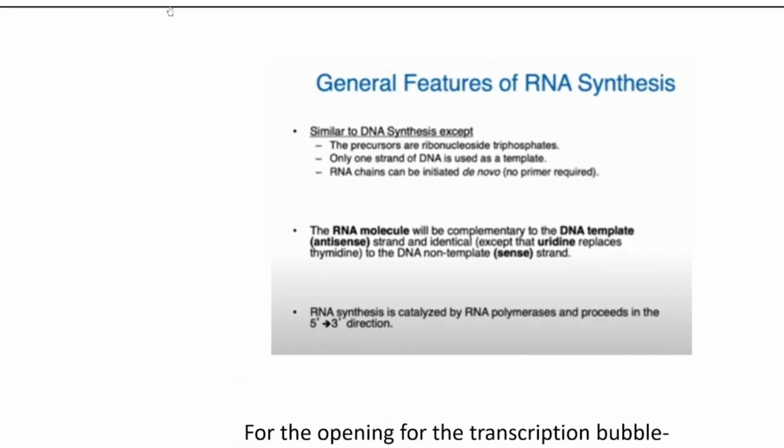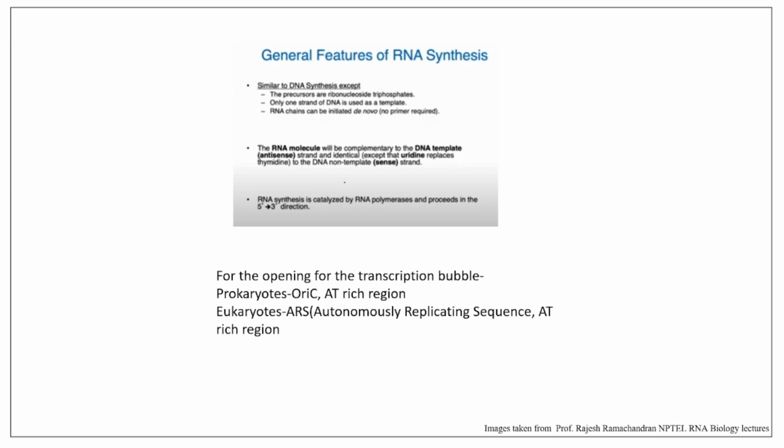So RNA synthesis is similar to DNA synthesis except the following points, and some others that you will find in your lecture. The precursors are ribonucleoside triphosphates, not deoxyribonucleoside triphosphates as in the case of DNA. Next point is only one strand of DNA is used as a template. We have just discussed this point, that in the case of replication both the strands are used as a template, but in the case of RNA transcription only one of the strands is used as a template.